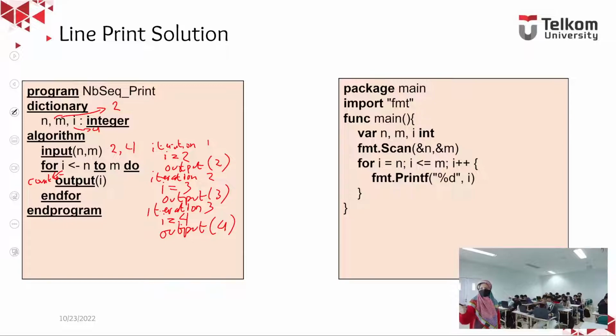After this iteration, will it go to iteration 4 or not? No, because this is the value of m, and the loop stops when i equals m.